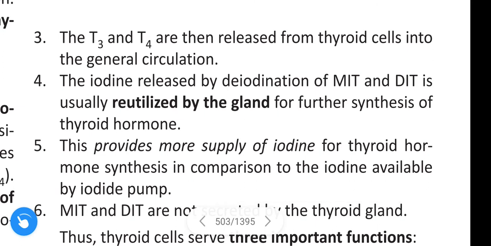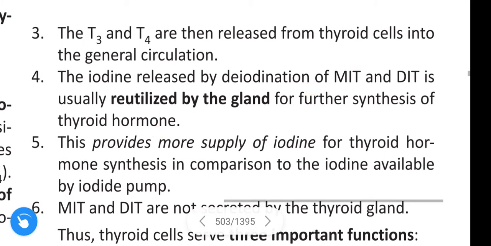The iodine released by deiodination of MIT and DIT is usually reutilized by the gland for further synthesis of thyroid hormone.